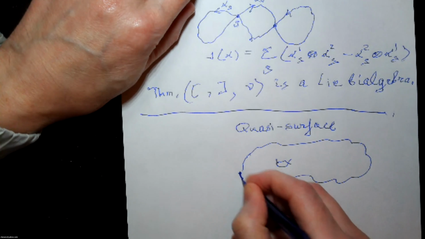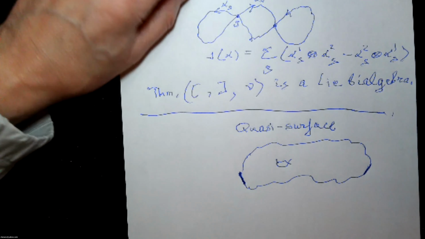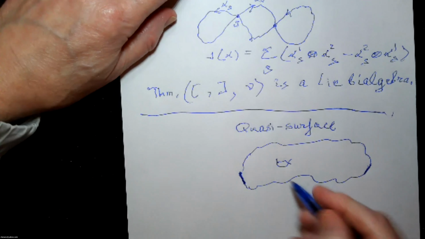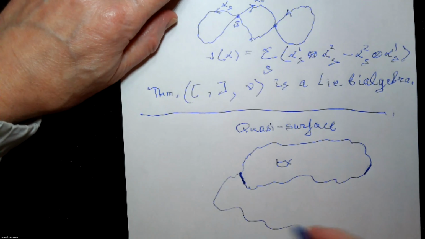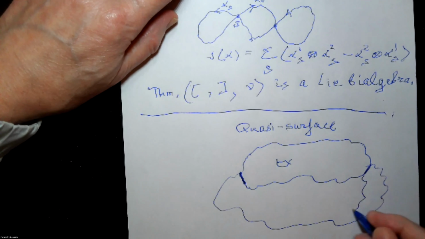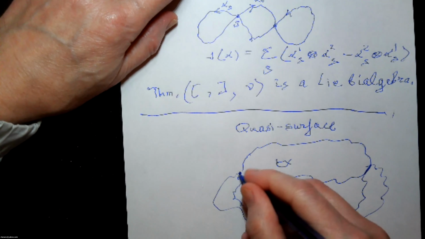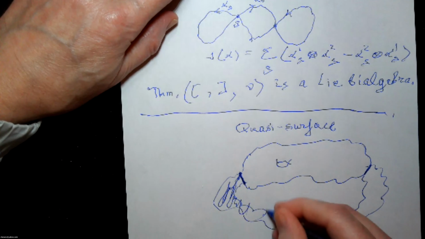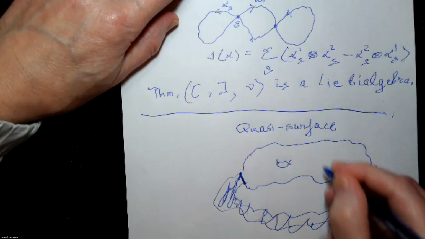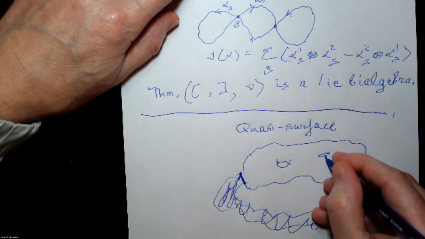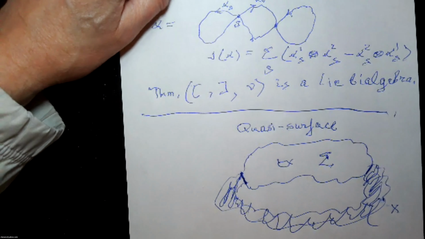And on the boundary, you take several segments and glue these segments to an arbitrary topological space. So basically, the idea is that a piece of our space is a surface, and the complement of it is a kind of dark matter, some topological space which is not a surface at all. So there is a good part, a good part is a surface. There is a bad part, a bad part is something, we don't know what.